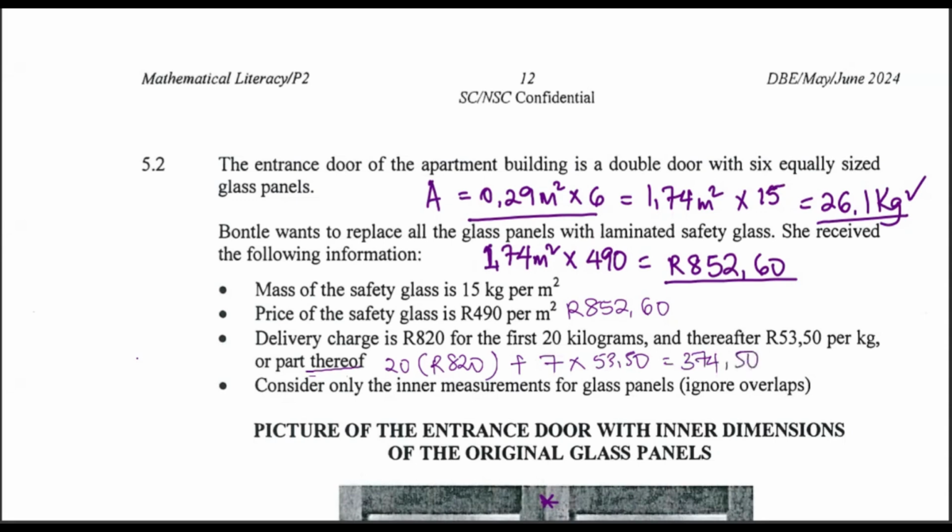So we add everything up. We have the purchase of the glass, we need 852. Then the delivery of the first 20 kg and the 7 kg. We need to add that up.